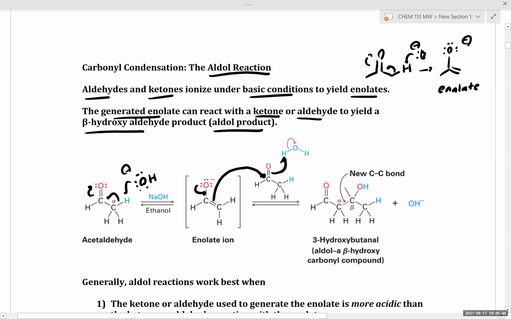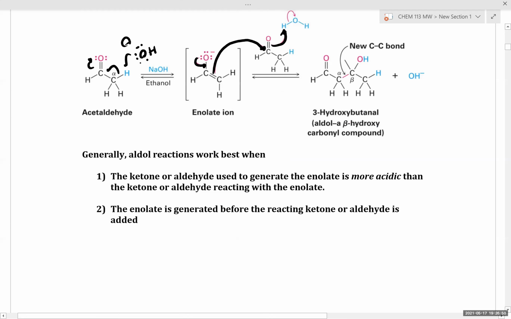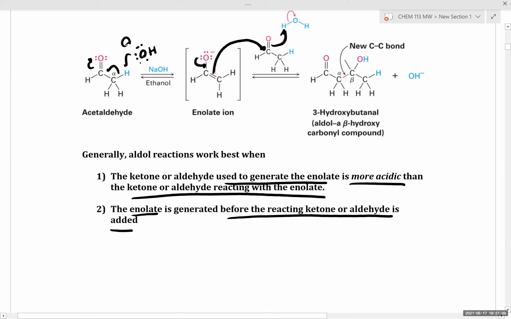Now, generally, aldol reactions work best when the ketone or aldehyde used to generate the enolate is more acidic than the ketone or aldehyde reacting with the enolate, or the enolate is generated before the reacting ketone or aldehyde is added.